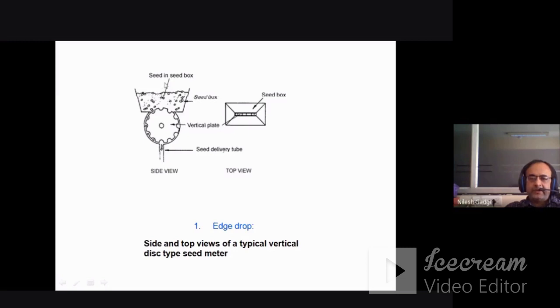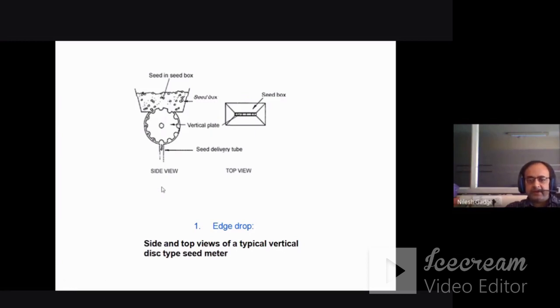When the seed box is filled, or we have put the seeds into the seed box, and the seed drill is working in the field, the drive wheel rotates. This seed metering mechanism also rotates. One seed is occupied on the edges of this disc, and when it comes to this position, a single seed is dropped into the seed tube.